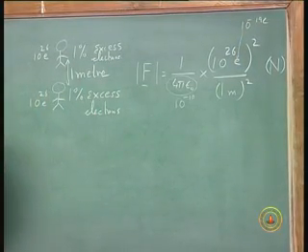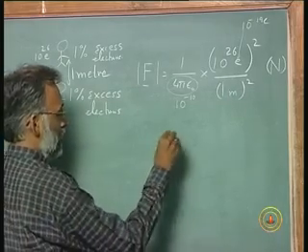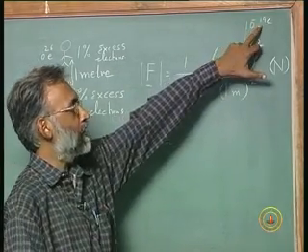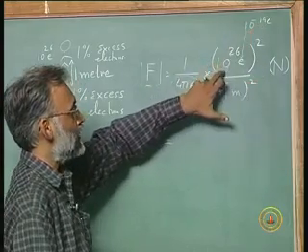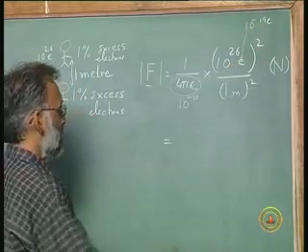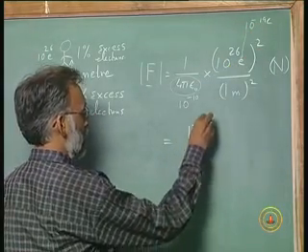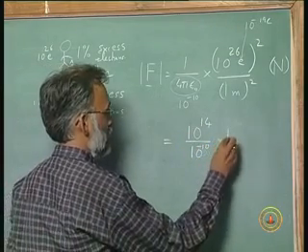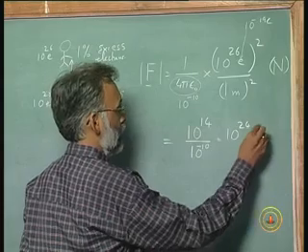So, if you put it all together, what do you get? You get 10 to the 26 times 10 to the minus 19, that is 10 to the 7 whole squared, 10 to the 14 divided by 10 to the minus 10, which is 10 to the 24 newtons.